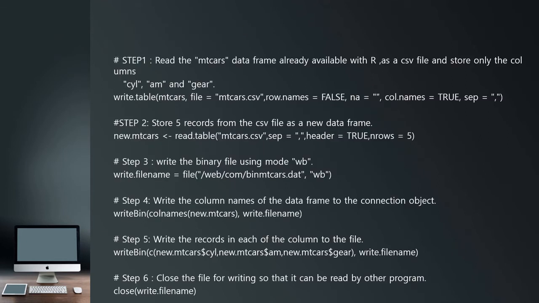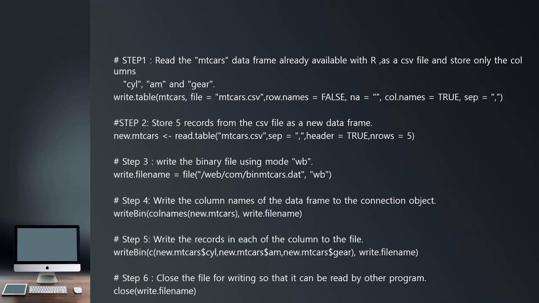So here is the screen that indicates the certain steps which we follow when handling the binary file. There are 6 steps where I am going to cover how to write in the binary file.